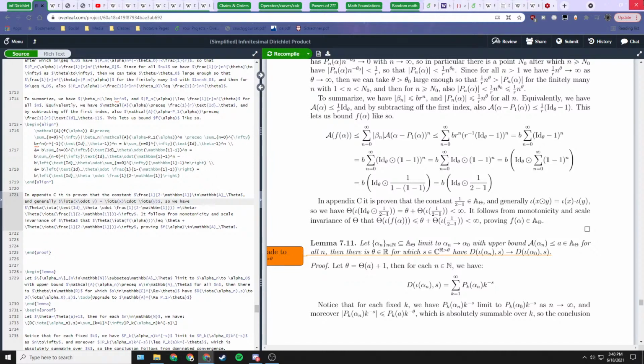So that's it. So we've bounded it by this. So that is the theorem.